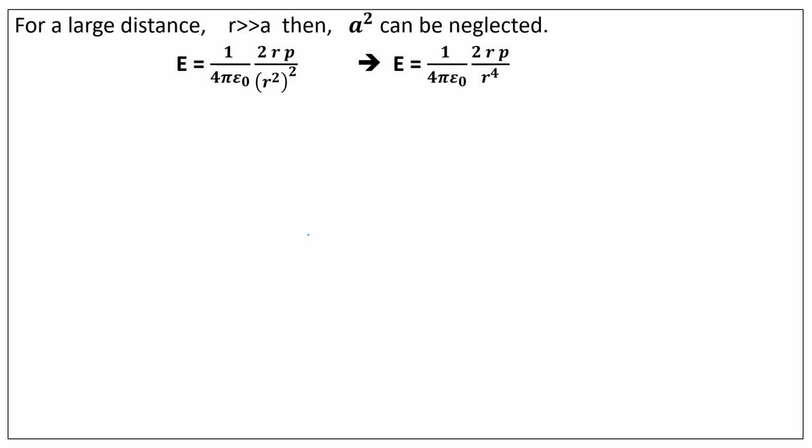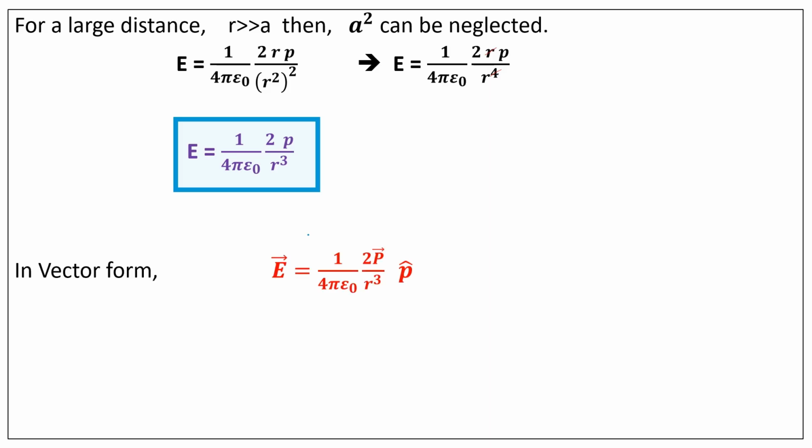That is, E is equal to 1 by 4 pi epsilon naught into 2RP by R to the power 4. On cancelling numerator and denominator R, the final equation is E is equal to 1 by 4 pi epsilon naught into 2P by R to the power 3.